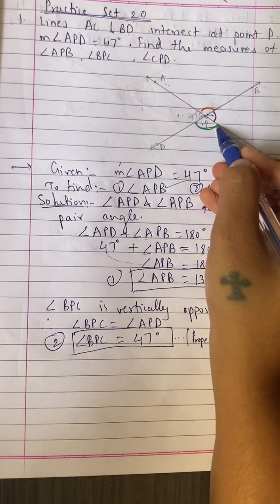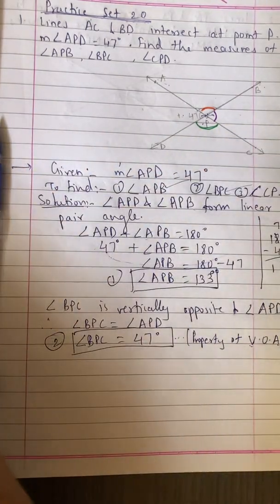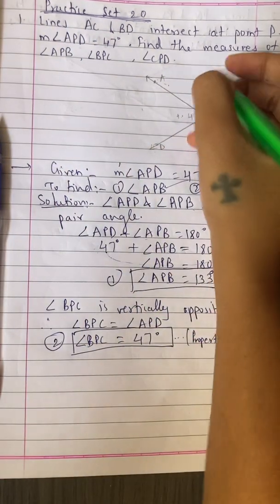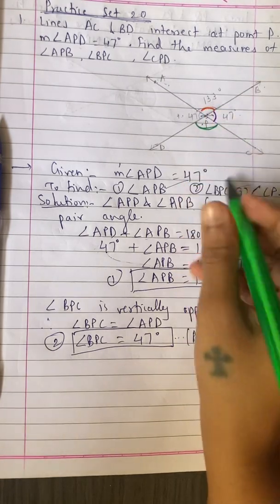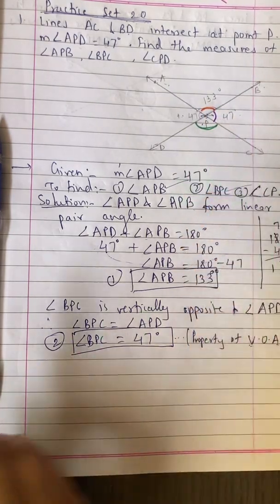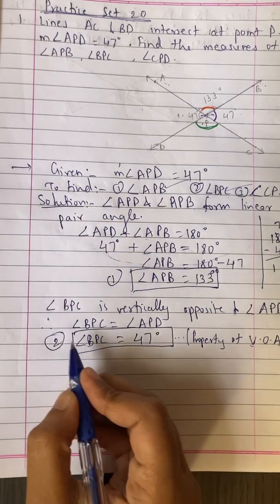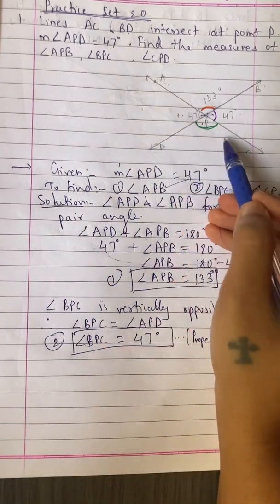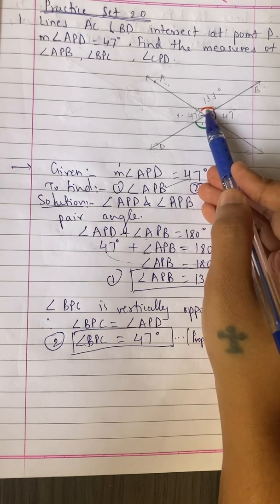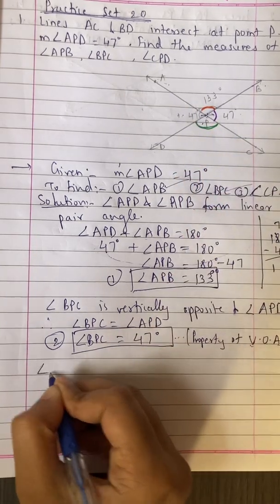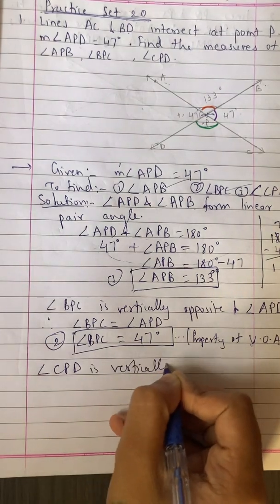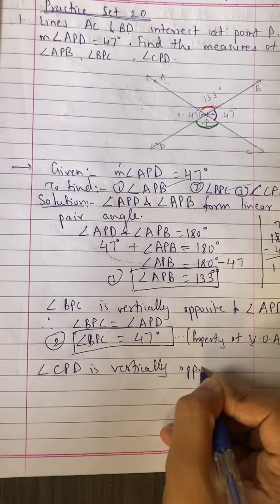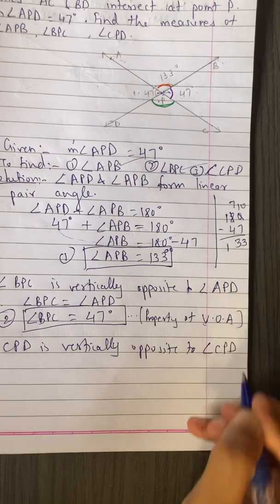Now CPD, this green color angle. You can also write down whatever values you have found. We have found the orange color angle is 133 degrees. Here we get 47 degrees because of the vertically opposite angle. Now which angle is left? CPD, green color, we have to find out. We can see CPD is vertically opposite to which angle? The orange color angle, APB. So write down angle CPD is vertically opposite to angle APB.